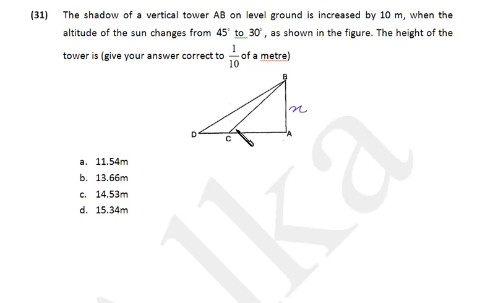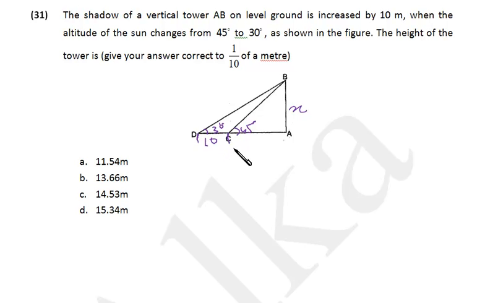The angle which is closer to this vertical pole will be bigger, and the angle that is farther will be smaller. So this is 30, this is 45. Now the shadow of this is increased by 10 meter. That means this length is actually 10.